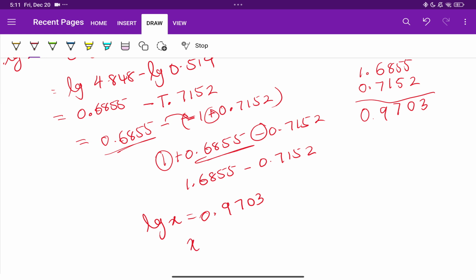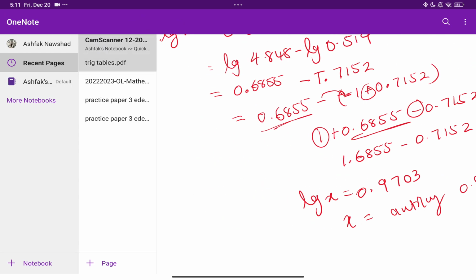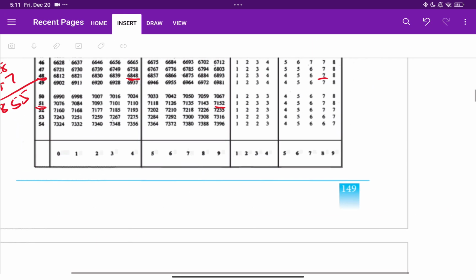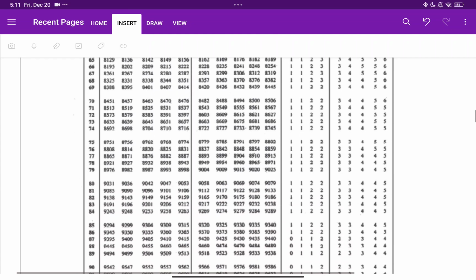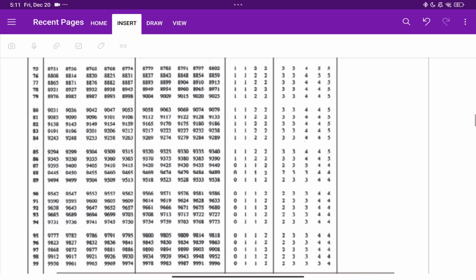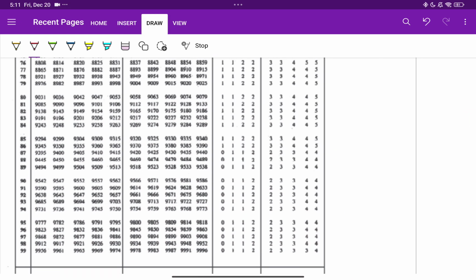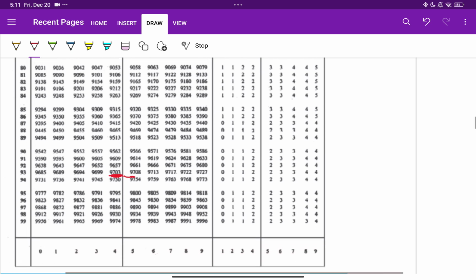So we have to find x, that would be antilog 0.9703. So we have to find the antilog of 0.9703. We'll have to locate 9703. 9703 is available, that's in 93.4.